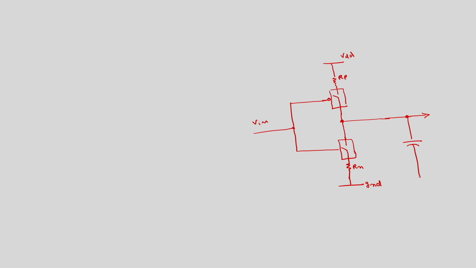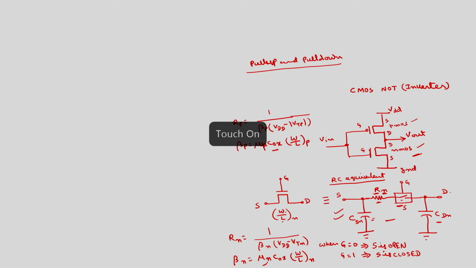This capacitance here, in switching analysis we have to take the capacitance also, this is called C out. So, in the previous example here also you have to connect the capacitance at the output. This is V out, here this capacitance is CL.